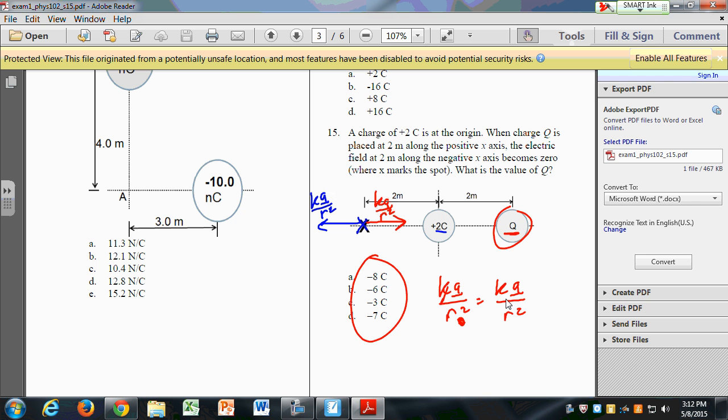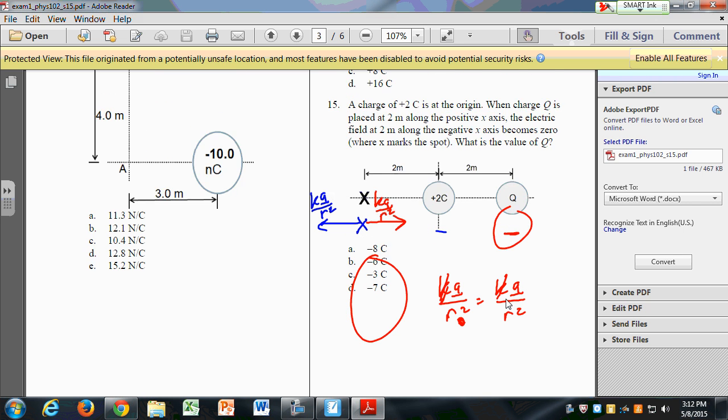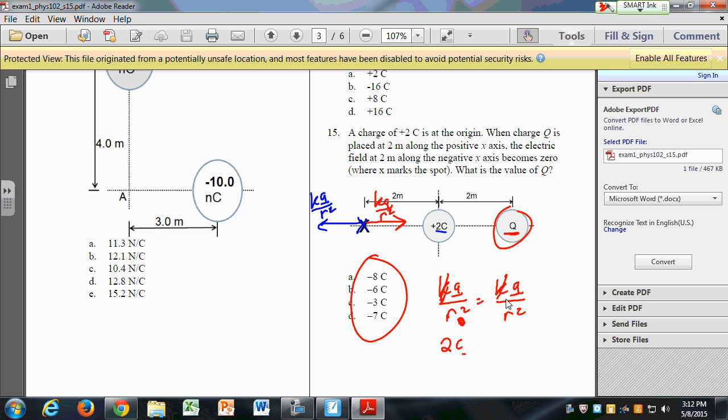The K's cancel. My Q's are different, so that's going to be 2 coulombs over 2 meters squared, equals Q divided by 4 meters squared. And then you solve that for Q. All right, where the 4 meters was this distance, 2 plus 2.